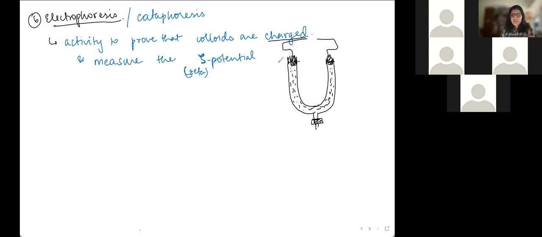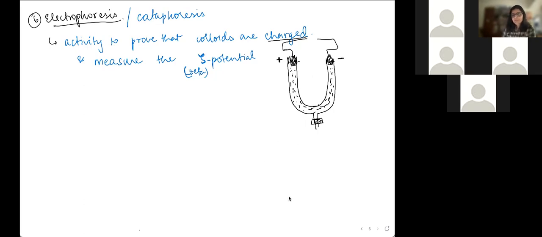So once you complete the circuit and switch on the switch, the electrodes are going to get charges. Let's say this is positively charged and this is negatively charged. If it is a negatively charged sol, it will be attracted to the positive electrode, and if it's a positively charged sol or colloid, it will be attracted to the negative electrode.